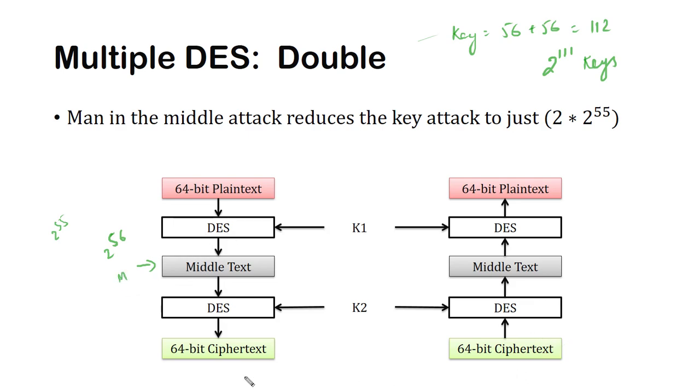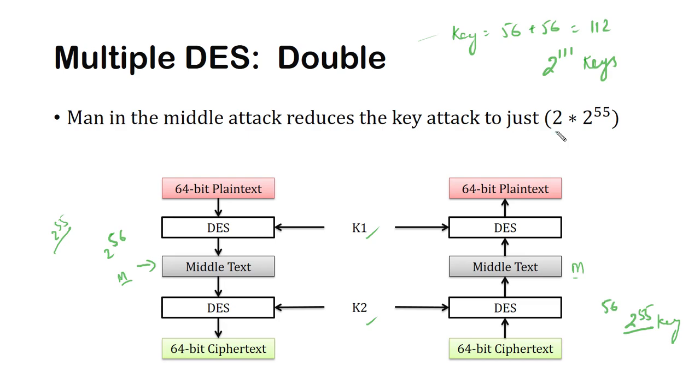If you have got the ciphertext, on that ciphertext you again perform a man in the middle attack. So again you will be going through the 56-bit keys, generating 2 raised to the power 55 keys, right? So now you will get the M again. If these two Ms match, that means you have compromised K1 and K2 both. And how many computational keys have been generated over here? 2 raised to the power 55 over here and 2 raised to the power 55 over here.